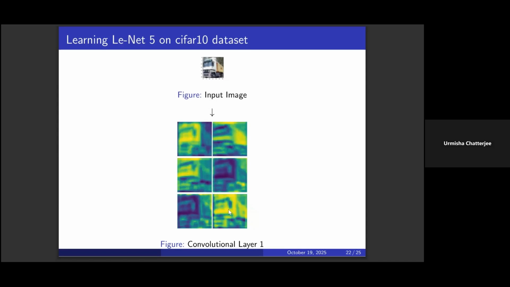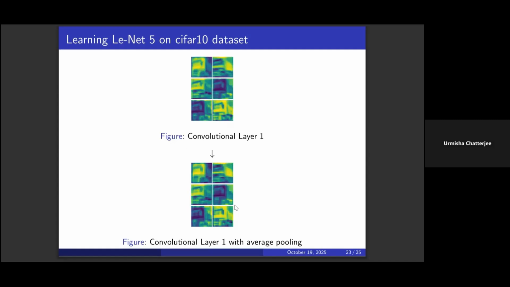So this is how the image has been read by different feature maps. Then, after the first convolutional layer, an average pooling, the images have been aggregated. You can see from top to bottom, the images have been aggregated to some extent.